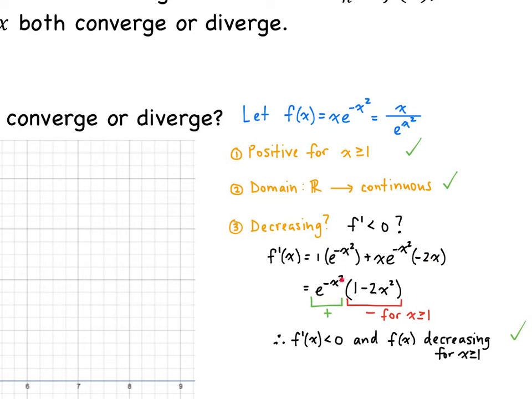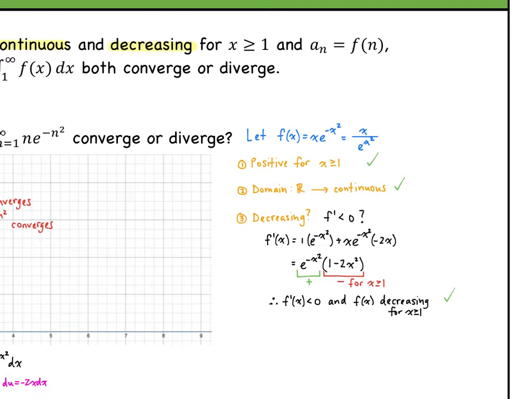What we can see is e to the negative x squared is positive, but this portion, 1 minus 2x squared, is always going to be negative when x is greater than or equal to 1. A positive times a negative will always be negative. Therefore, f of x is decreasing.